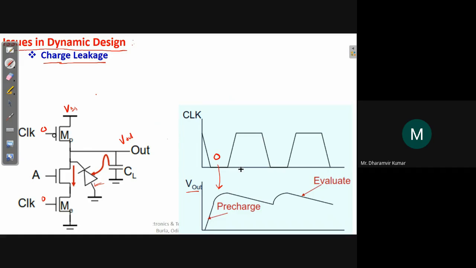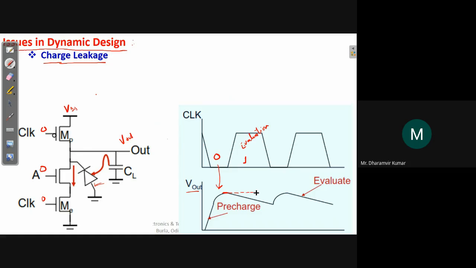Now when the clock changes from 0 to 1, this is the evaluation phase, and when a is 0, this path is not available. We expect that whatever maximum charge was there during the previous pre-charge phase, it should maintain that level.